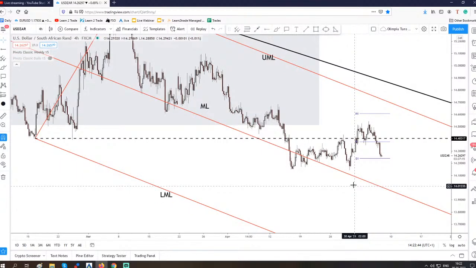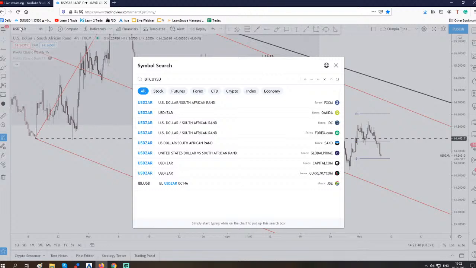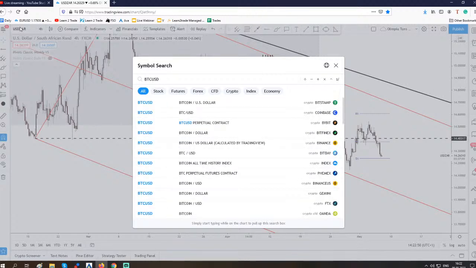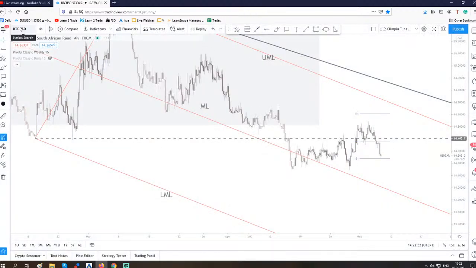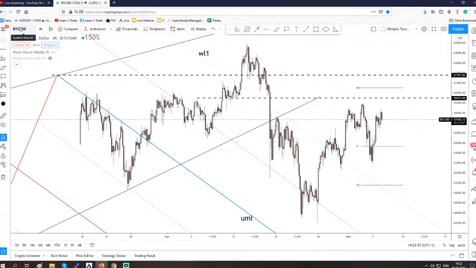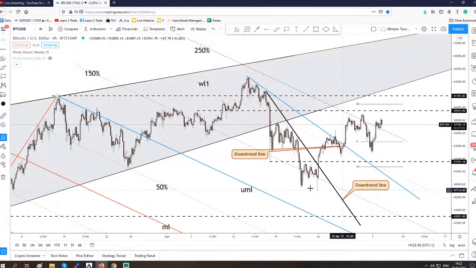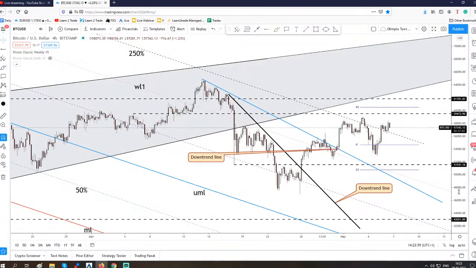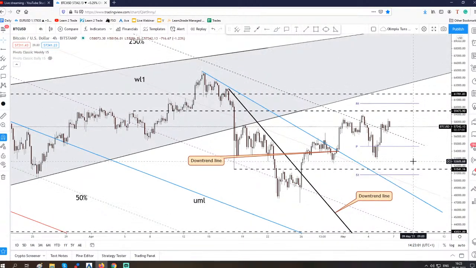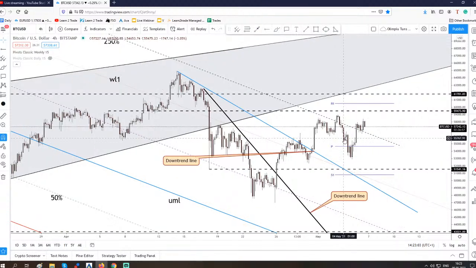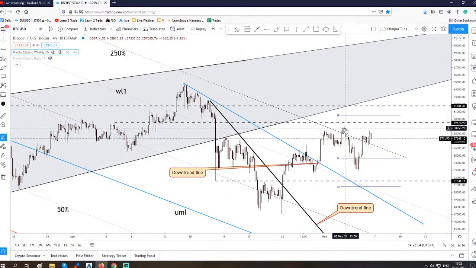Okay, let's take a look also at Bitcoin, guys. Bitcoin remains bullish after ending its temporary drop, its temporary correction.